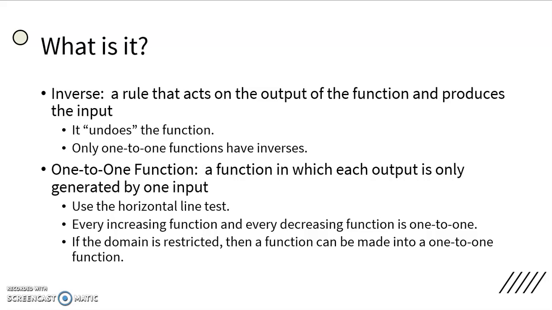So let me show you an example that would illustrate this. The function that I picked is x plus 2. And what I did is I took the x values 1, 2, and 3, and I evaluated this function for those, and I got 3, 4, and 5. Now, its inverse function is x minus 2.